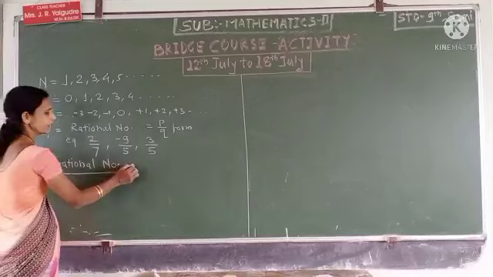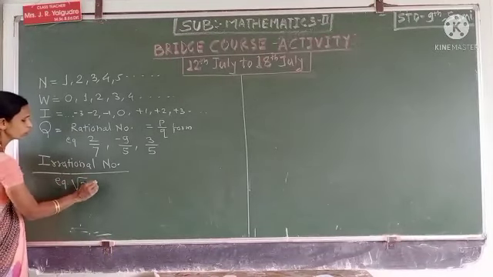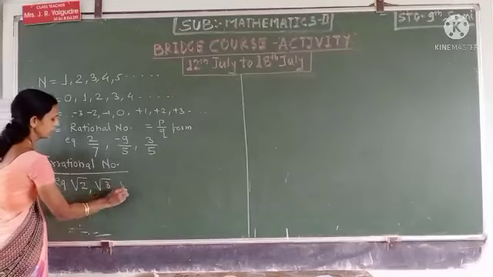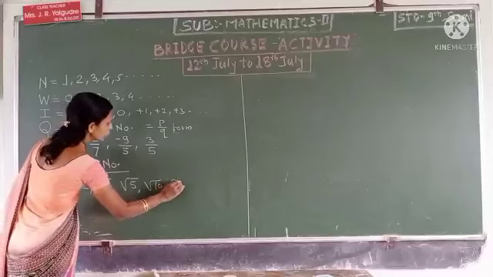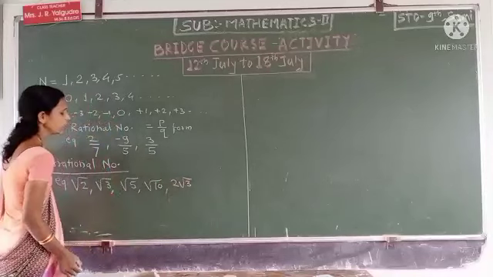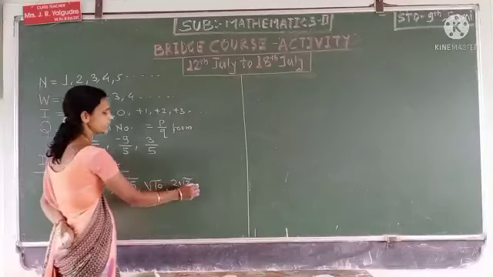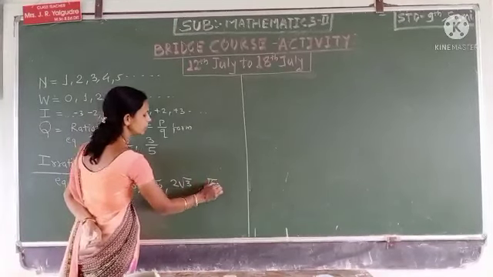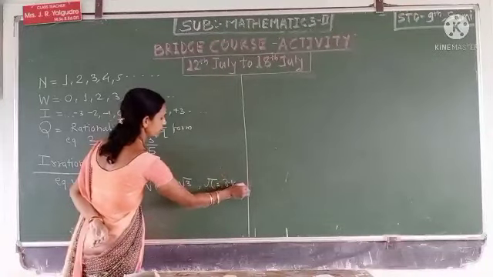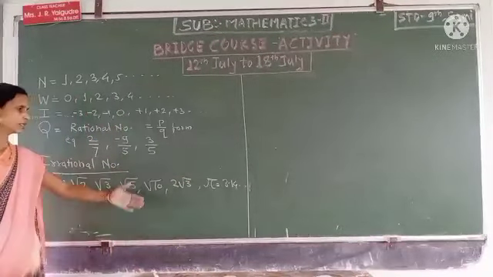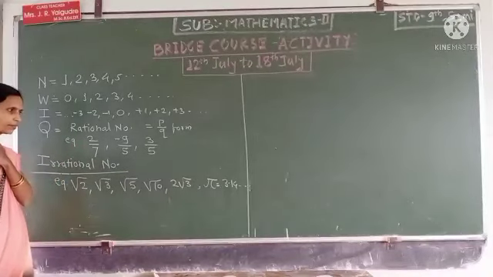A few examples of irrational numbers are root 2, root 3, root 5, root 10, 2 root 3, as well as pi, whose value is 3.14 and so on. That means the pi value is also an irrational number.